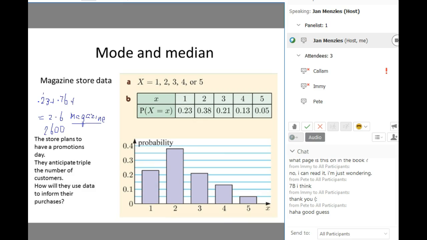Now you don't get it exactly right, and you wouldn't want to just buy the total of magazines. You'd actually want to keep it in the distribution of the type of magazine that is sold. So you'd need more data to run your magazine shop than simply the number of magazines.